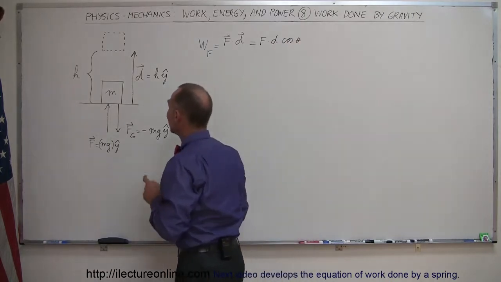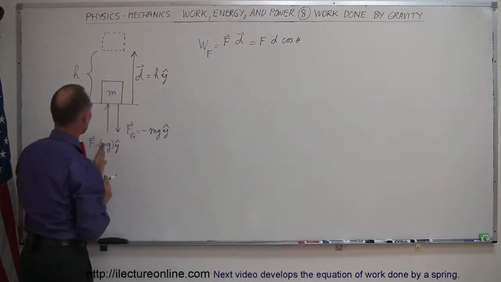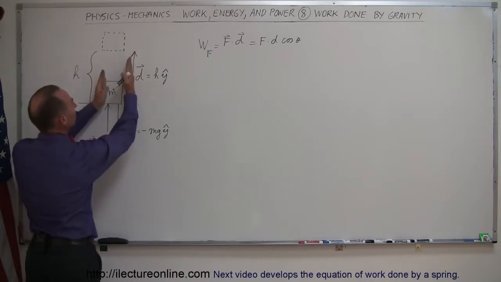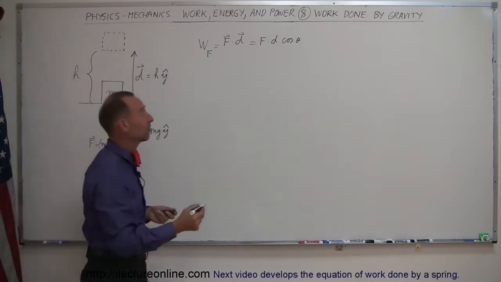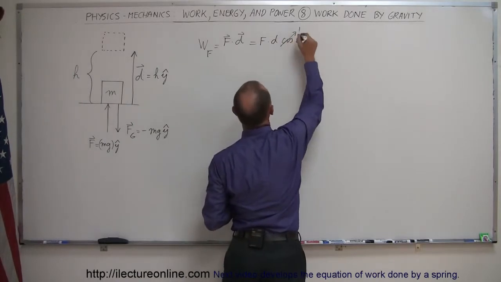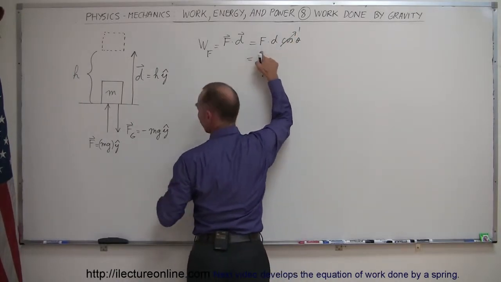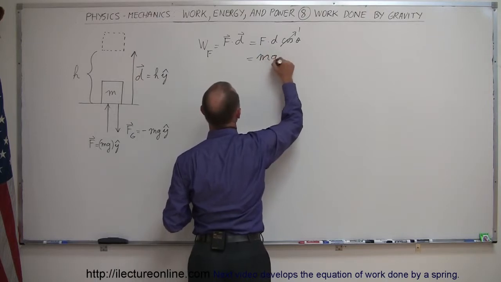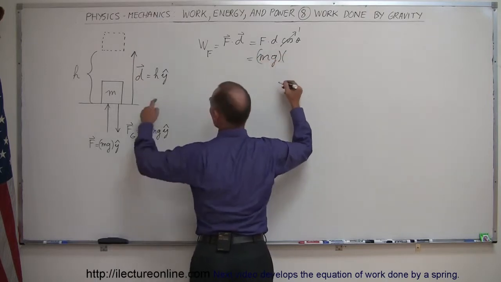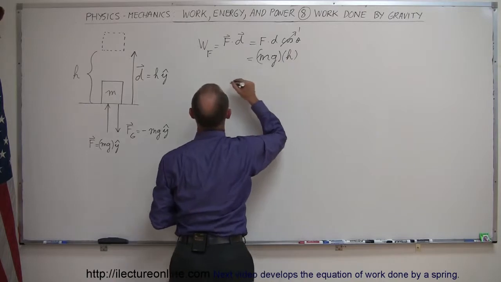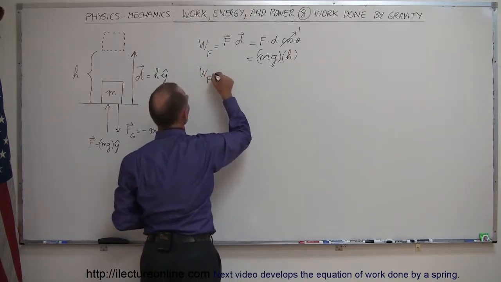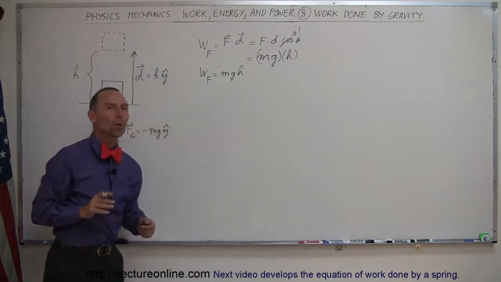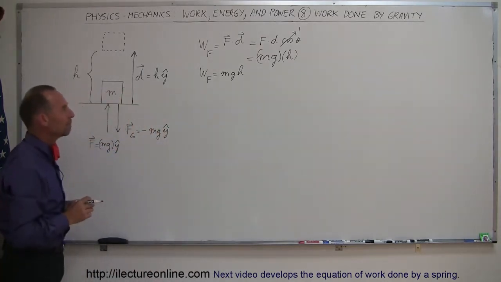But in this case, the angle between them is 0 because the force is pushing straight up and the displacement is straight up, so the cosine of 0 degrees equals 1, and so this is equal to the magnitude of the force, which is mg, times the displacement, which is h. So we can see that the work done by the force is equal to mgh.